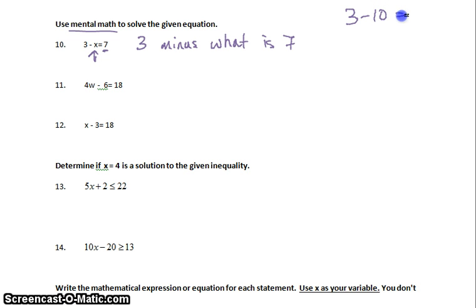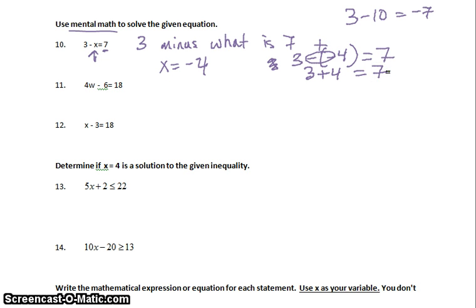Well, 3 minus 10 is negative 7, so that won't work. You have to go into negative numbers. And the answer here is negative 4. So you have to kind of guess and check here. 3 minus negative 4 equals 7. 3 minus negative 4 is just like 3 plus 4. So this one's a little difficult right out the gate.